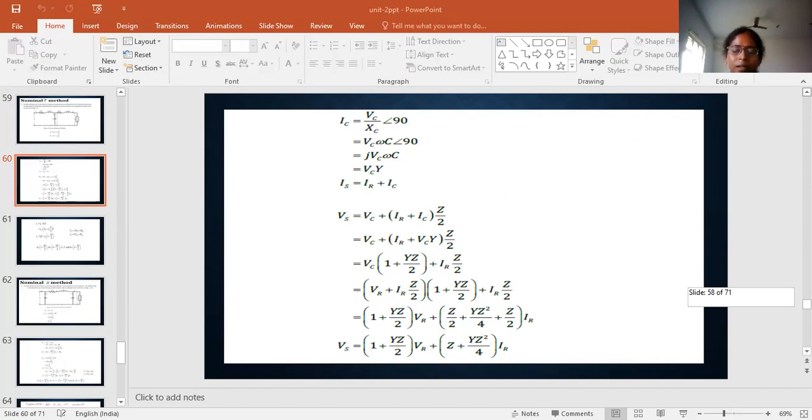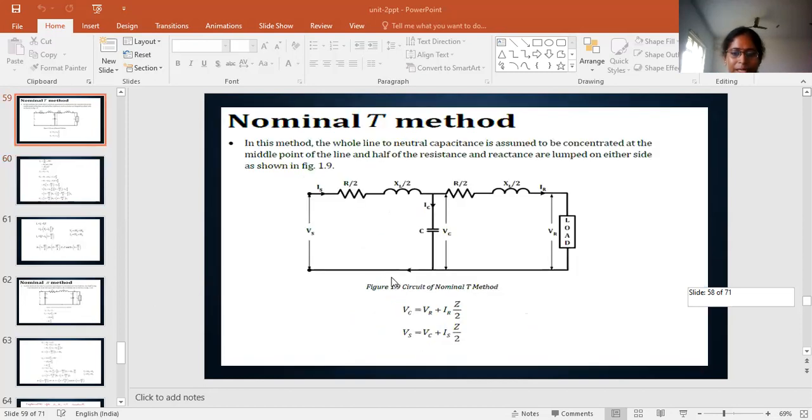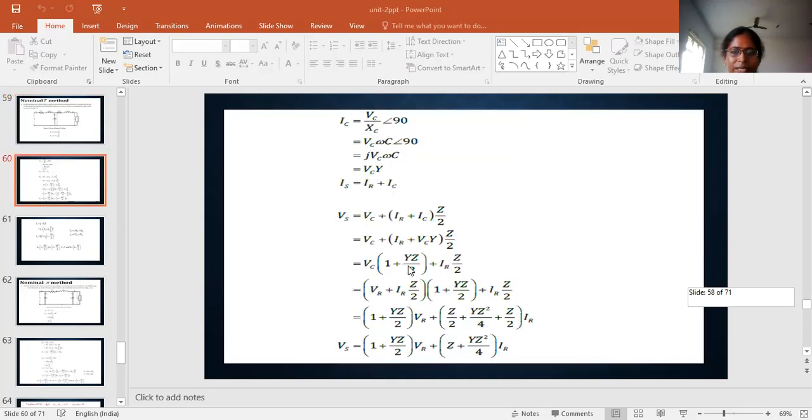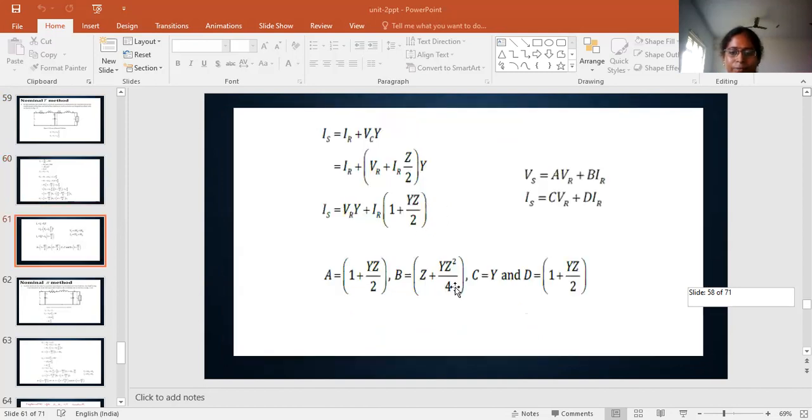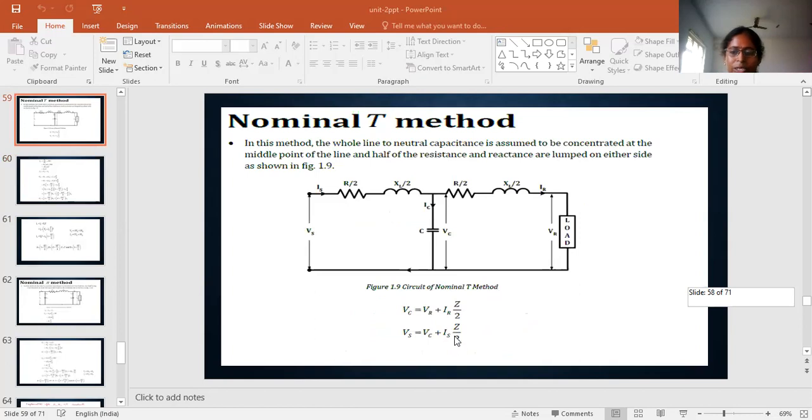Okay, we can get that value, this derivation can be done. So Vs equal to Vc plus Is into Z by 2. In place of Is we can substitute the value Ir plus Ic. So Vc plus (Ir plus Ic) into Z by 2.